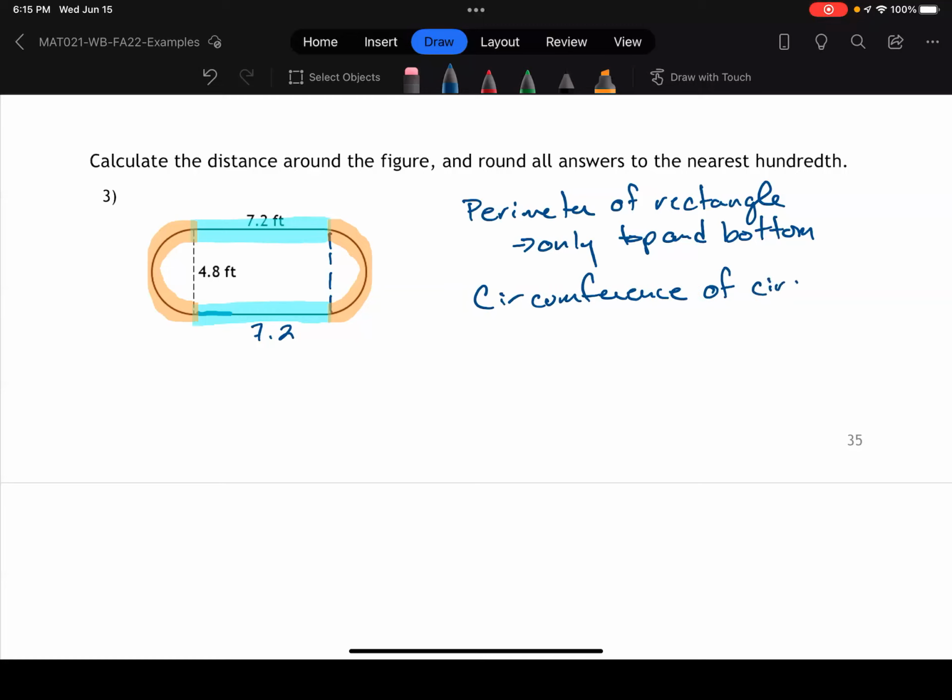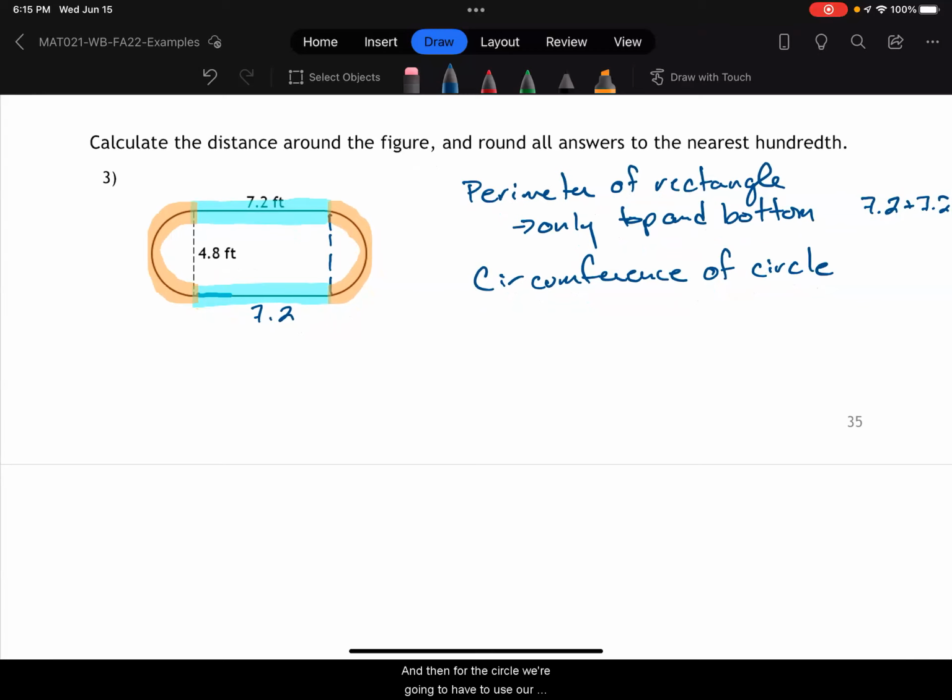of the circle. So for my rectangle, I'm only going to have 7.2 plus 7.2. And then for the circle, we're going to have to use our circumference formula. Remember, circumference is 2 pi r, or pi times diameter, depending on whether you're given the radius or the diameter.